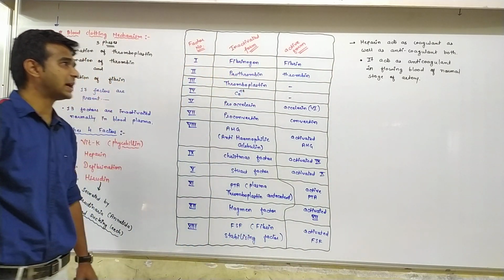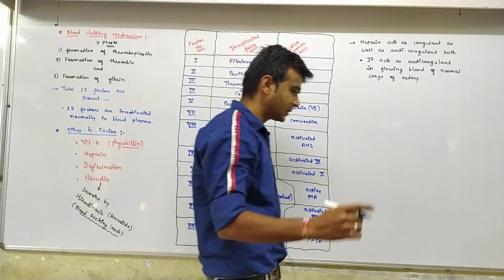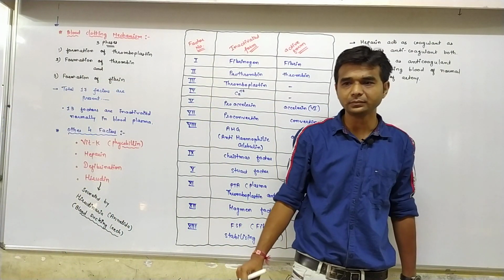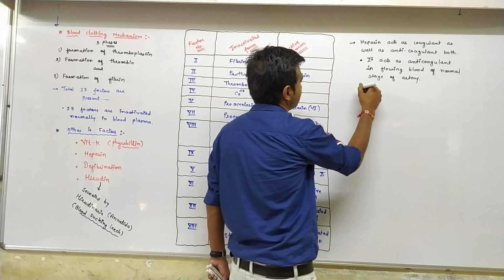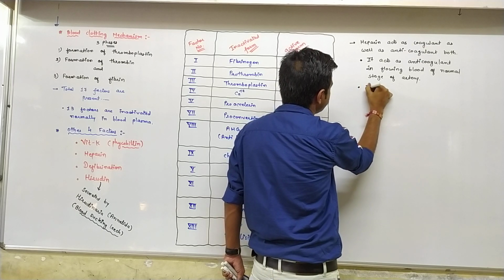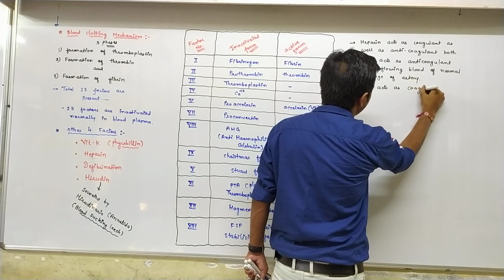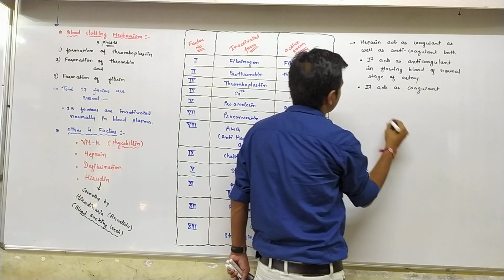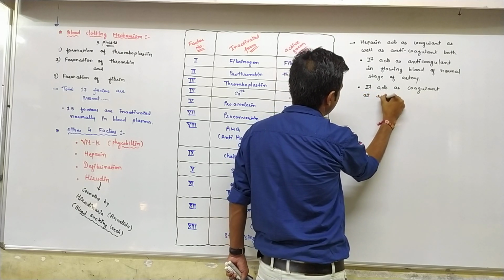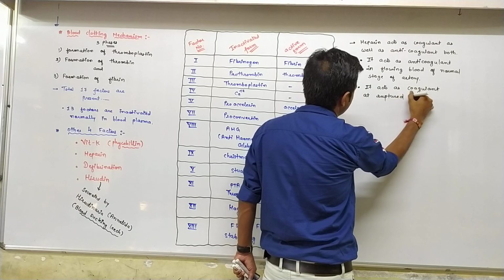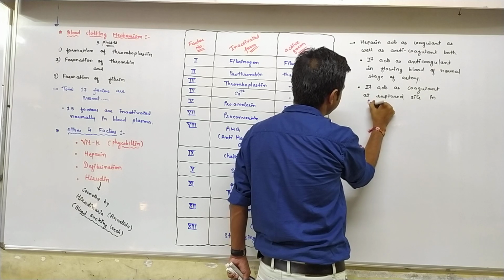In the normal state of the artery, in the flowing blood, it acts as an anticoagulant. So in flowing blood in the artery, it prevents coagulation. Then it acts as a coagulant at the rupture site in an injured artery.